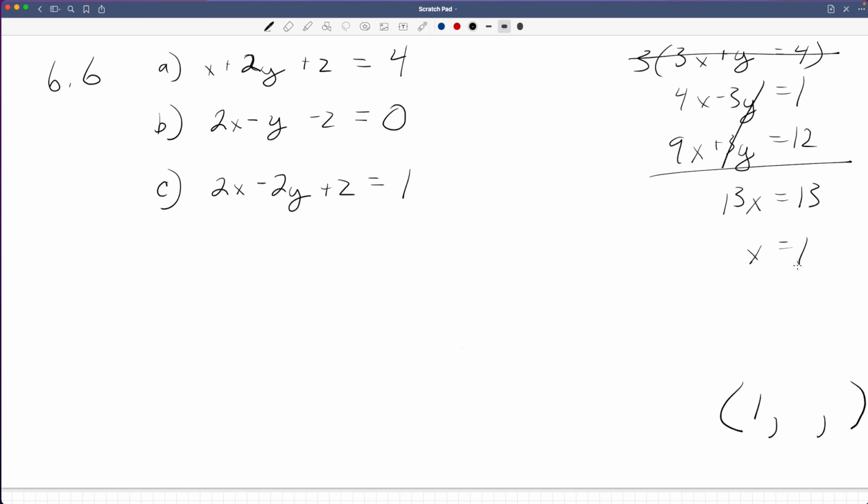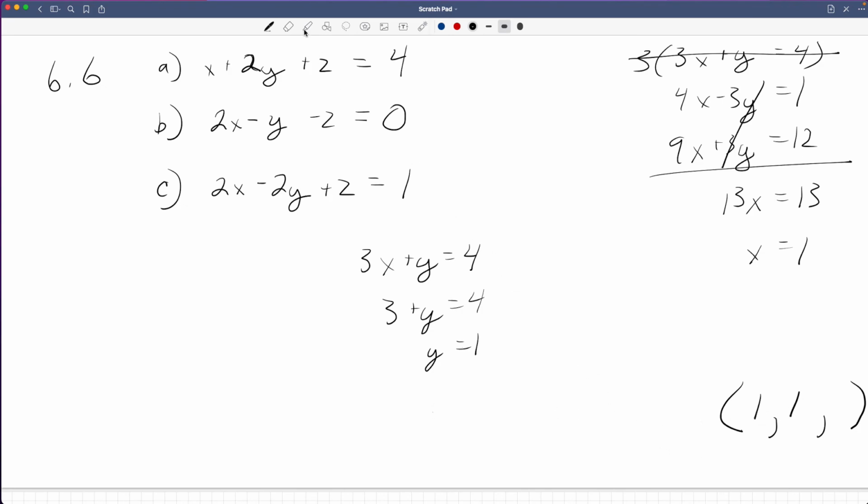So now I can go back and substitute in x for something. And I think what I'm going to do is just use my original up here. 3x plus y equals 4. So 3 times 1 would be 3 plus y equals 4. Y is equal to 1.